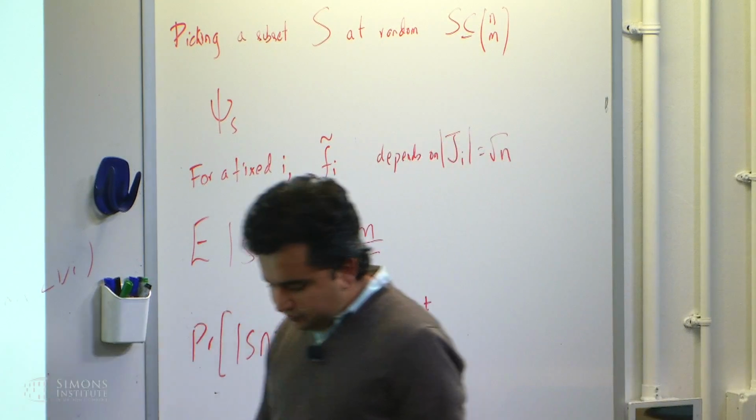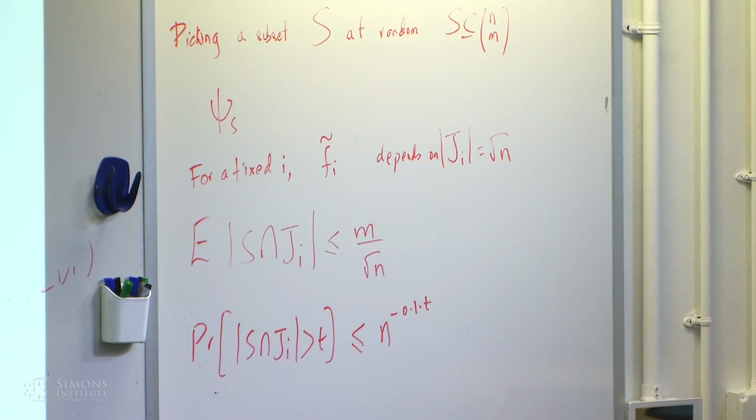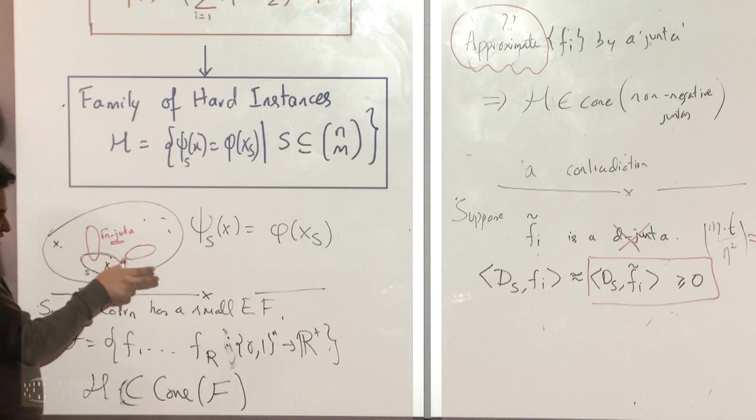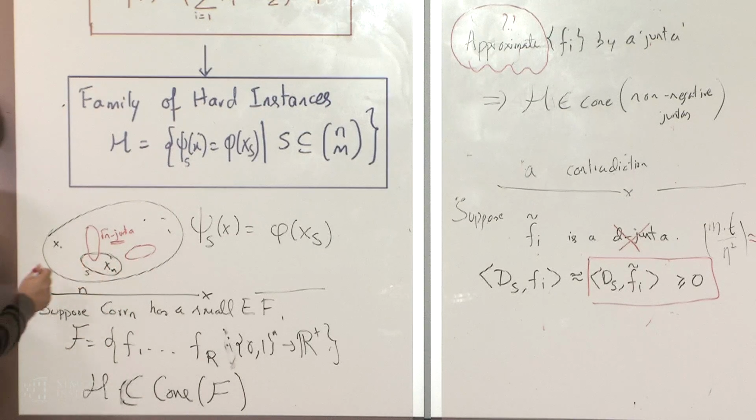So we approximate each Fi by a root n junta, but now if I look at a random instance chosen here, restricted to these variables, these are much stronger juntas.